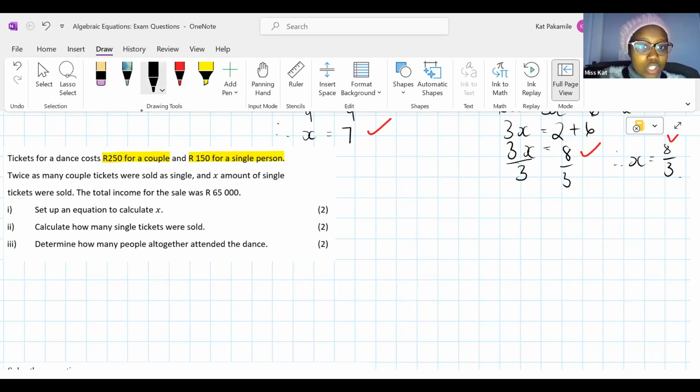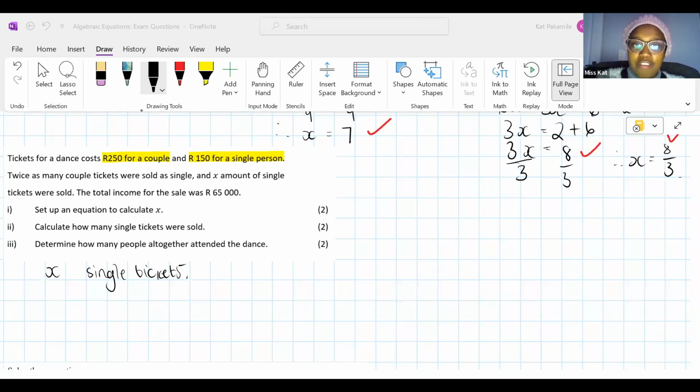So we sold X single tickets. And if twice as many couple tickets were sold, how many were sold, guys?